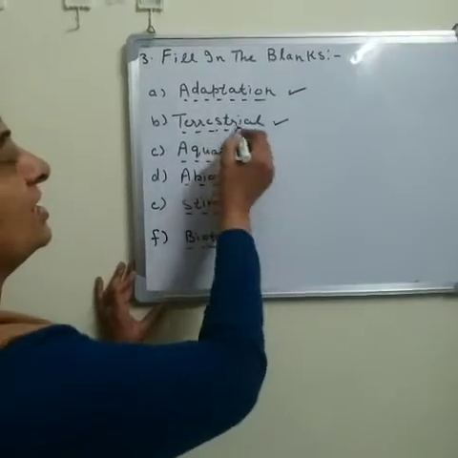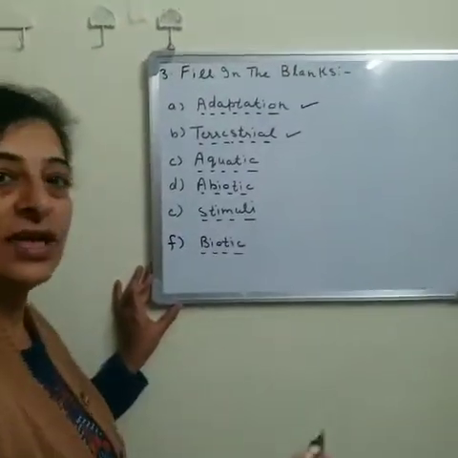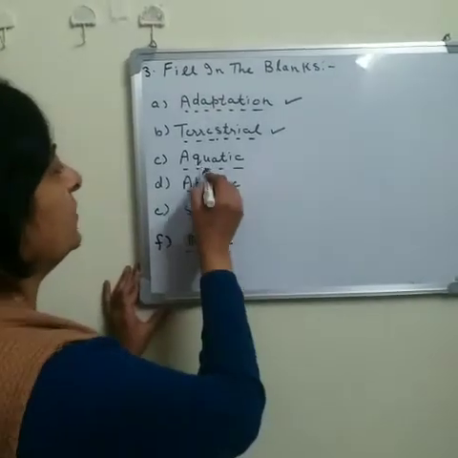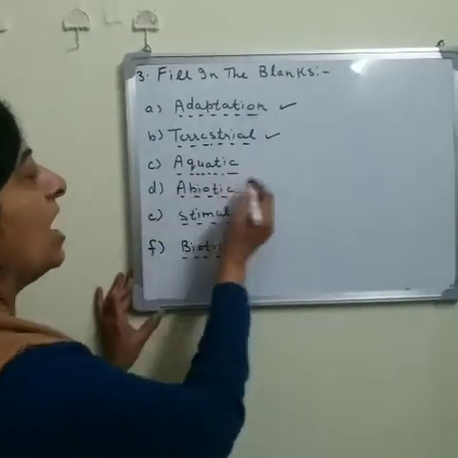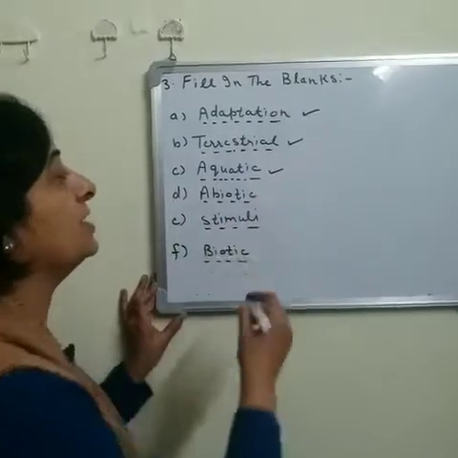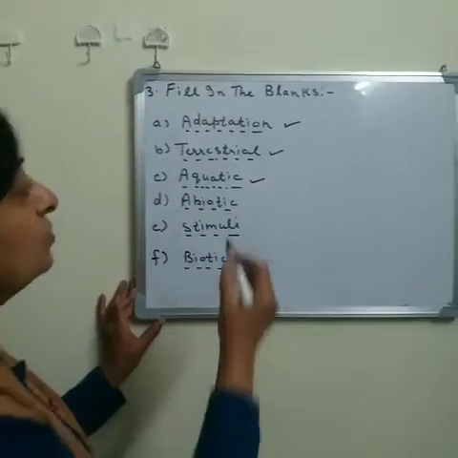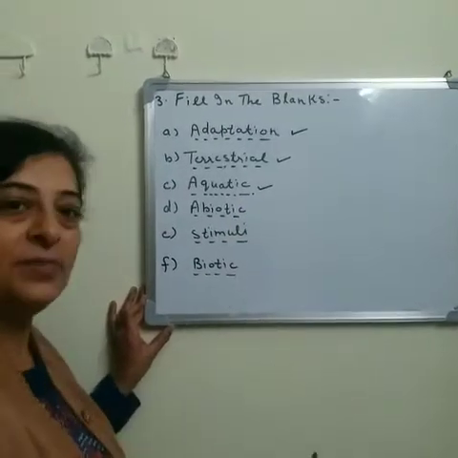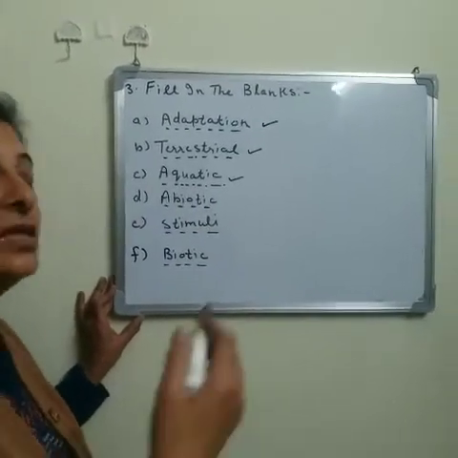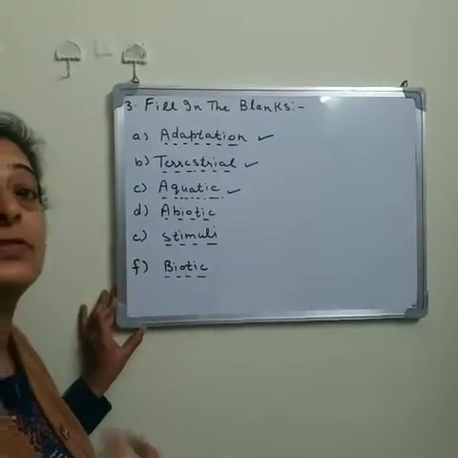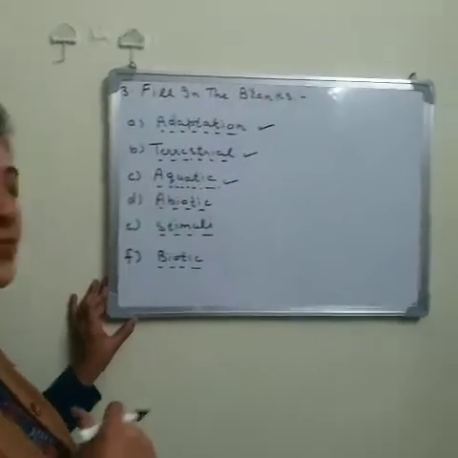Terrestrial habitat means living organisms that live on land. And if the living organisms survive in water, that is known as an aquatic habitat. So aquatic habitat means the animals and plants that survive in water. They have specific features according to water.